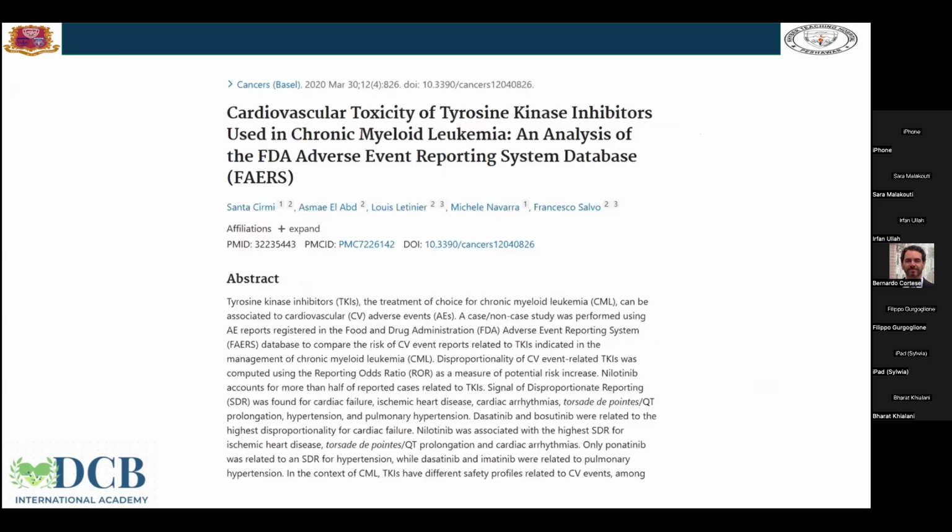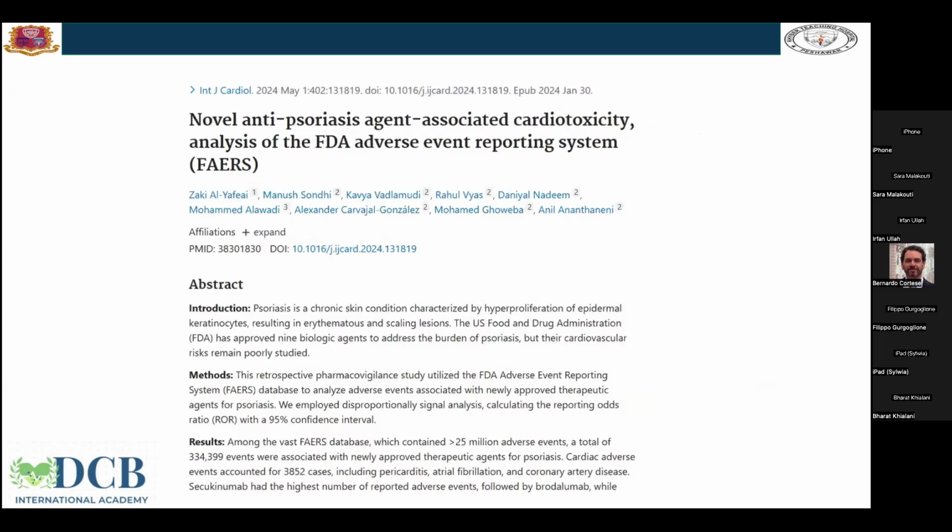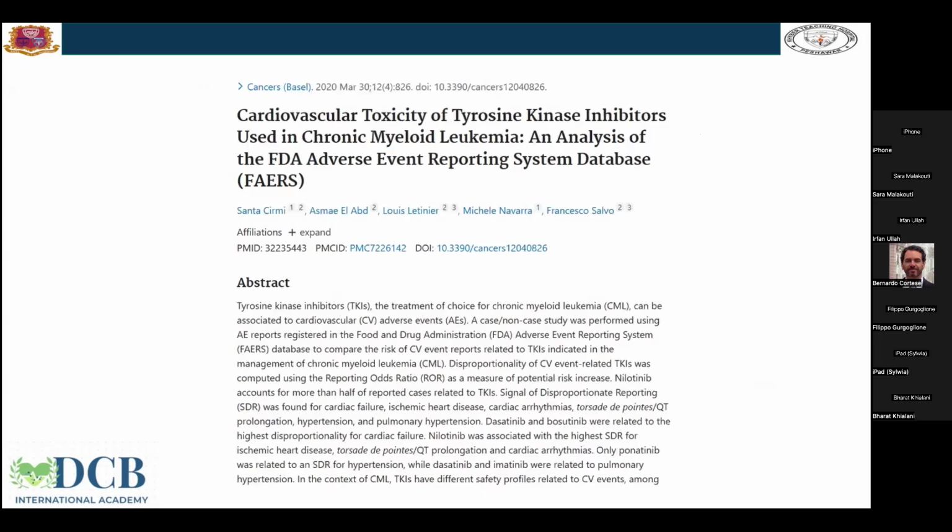This is one study: cardiovascular toxicity of tyrosine kinase inhibitors used in CML patients, an analysis of the FDA FAERS database. This is another study: novel anti-cancer agents and associated cardiovascular toxicity analysis. This is another tyrosine kinase study.